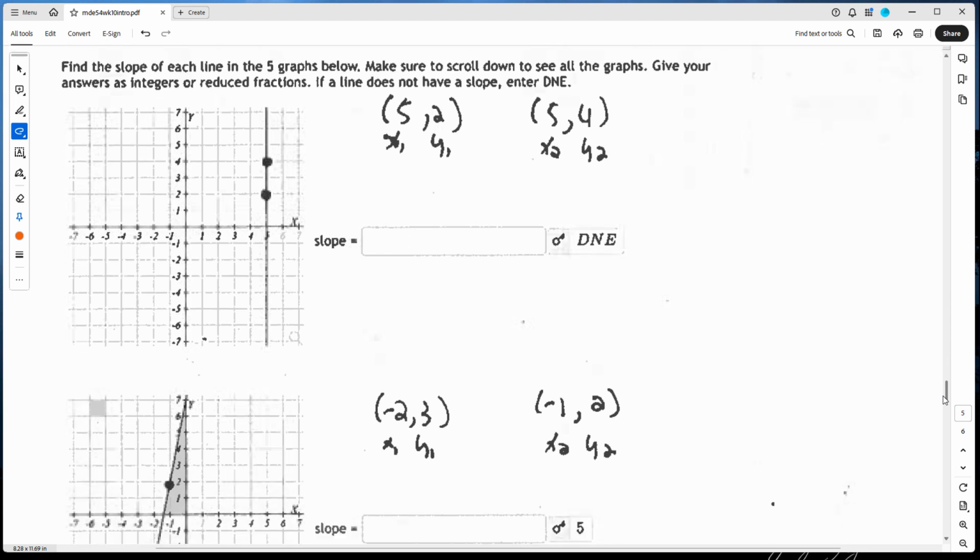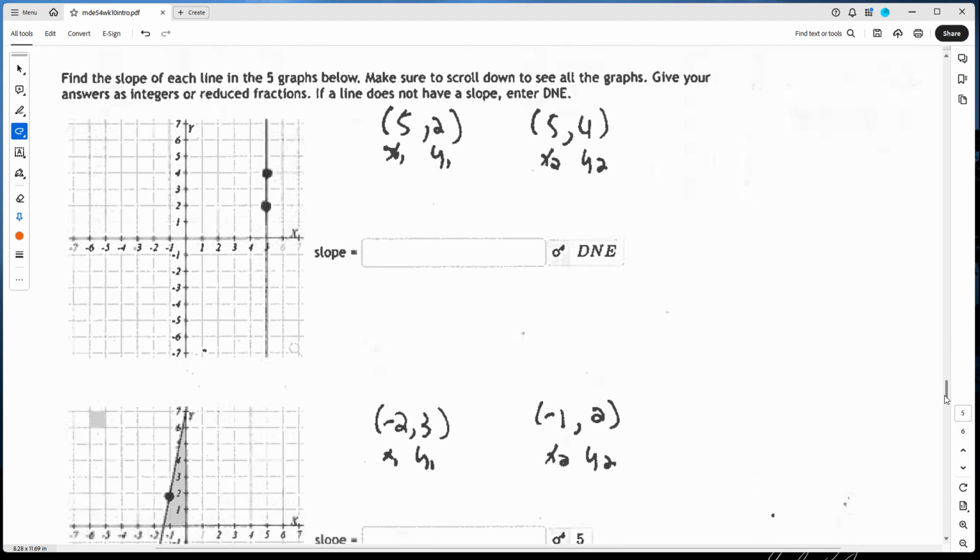Find the slope of the line in the 5 graphs below. I'll give you answers. There are reduced fractions. So I've already covered how to find the slope for both of these here. You're given 2 points. In this particular case, it's a vertical line.